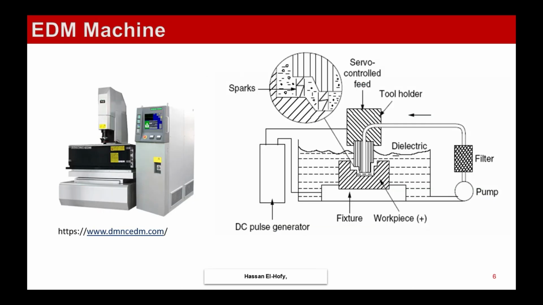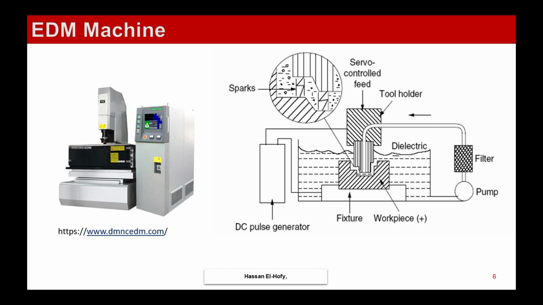The machining system of EDM comprises a pump which pumps the dielectric liquid, after being filtered, inside the machining gap. We have the tool holders and the servo control feed, which maintains a constant gap during EDM.